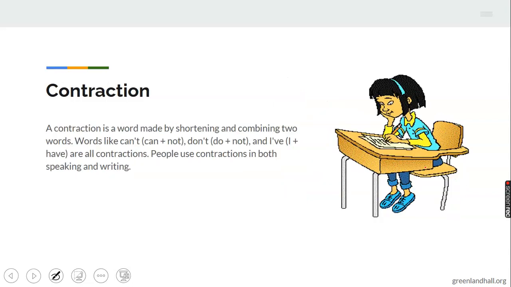Now, what is a contraction? I've shown you what happened to those two words on the first slide. A contraction is a word that is made by shortening and combining two words. Did you get that? A contraction is a word made by shortening and combining two words.